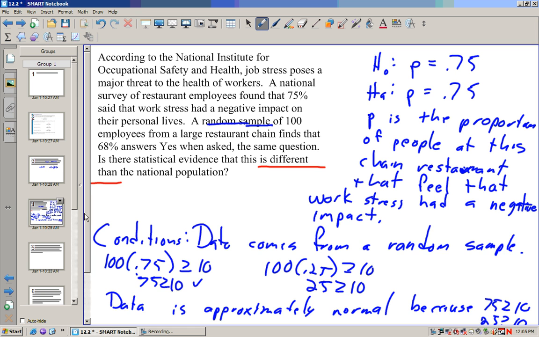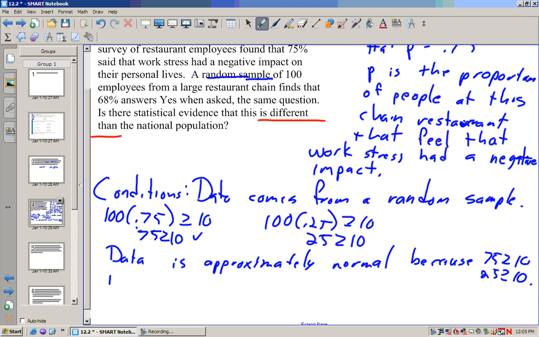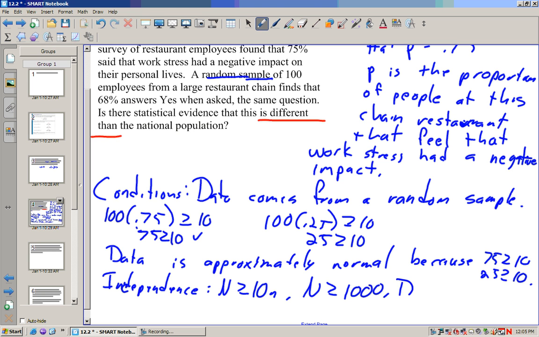So, independence. We're sampling without replacement, so we have to see that n is greater than or equal to 10 times little n. So we want to see that there's more than 1,000. So we'd say maybe observations instead of data.